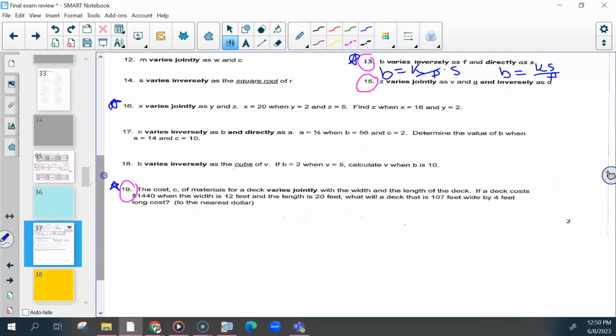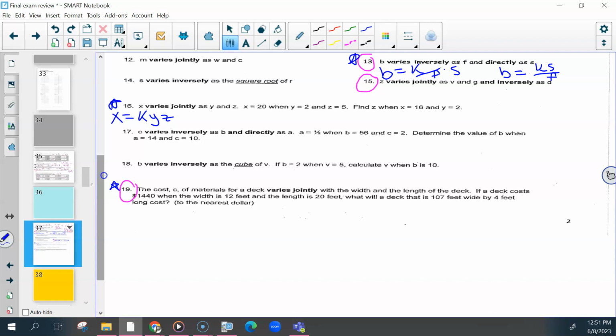With 16, we would have to set up the equation first and then solve it. Varies jointly is the same thing as directly multiplying. There are just multiple variables. So x varies, so it's going to be x equals k. And then varies jointly as y and z would be y times z. Then we would start to put the numbers in.